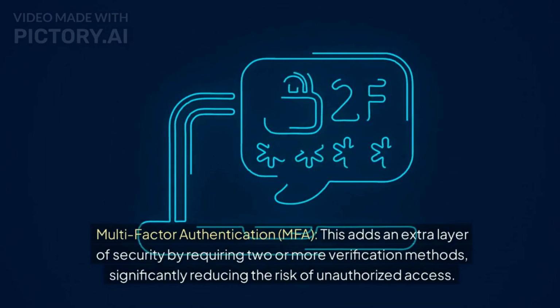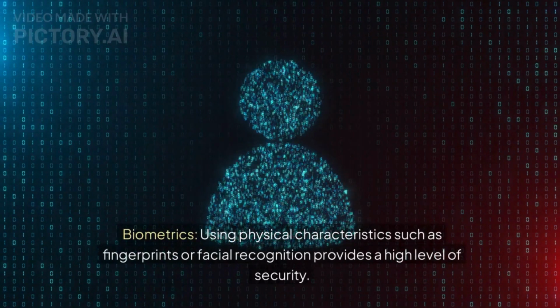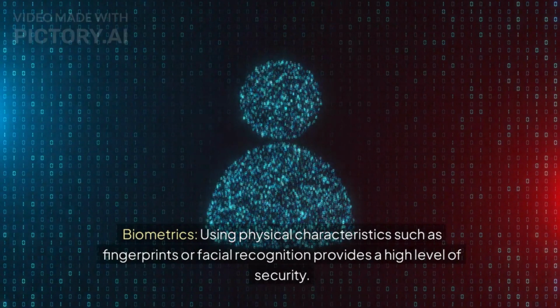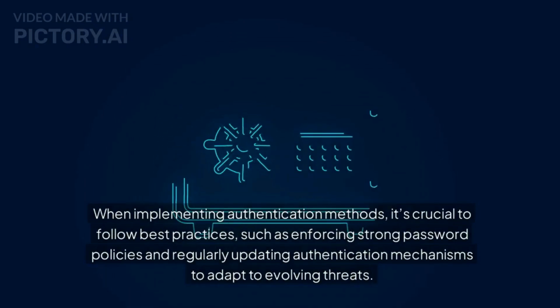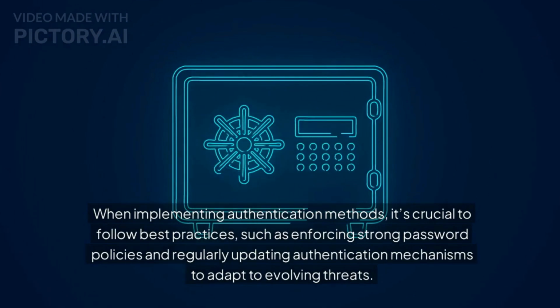This adds an extra layer of security by requiring 2 or more verification methods, significantly reducing the risk of unauthorized access. Biometrics. Using physical characteristics such as fingerprints or facial recognition provides a high level of security. When implementing authentication methods, it's crucial to follow best practices, such as enforcing strong password policies and regularly updating authentication mechanisms to adapt to evolving threats.